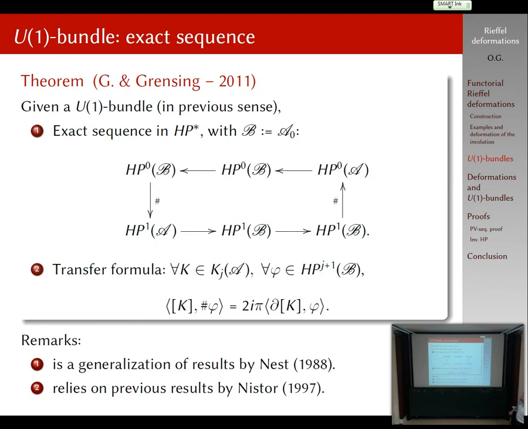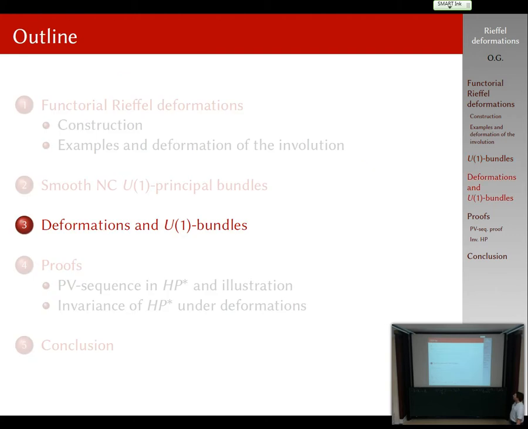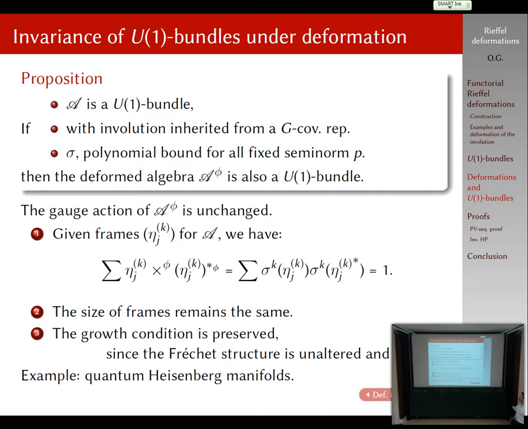So here is the theorem. Now that we know more about these U1 bundles, how could we deform them using our construction? What I say is that this kind of analytic U1 bundle is invariant under this sort of deformation.